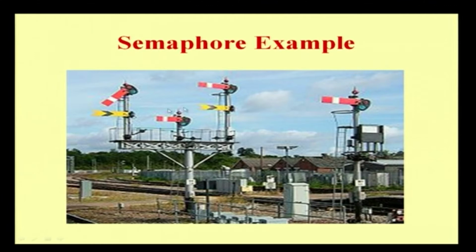So this is an example of multiple semaphores, wherein one train could pass on the first track, and at the same time a second train could pass on the second track, a third train on the third track, and so on. You would have seen multiple trains standing at a railway junction at the same instance of time.